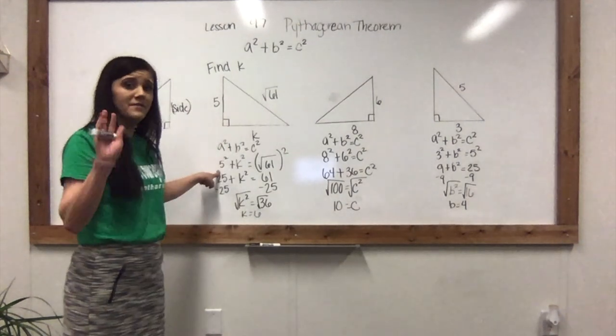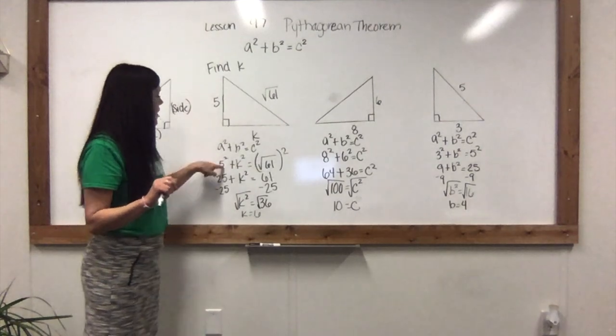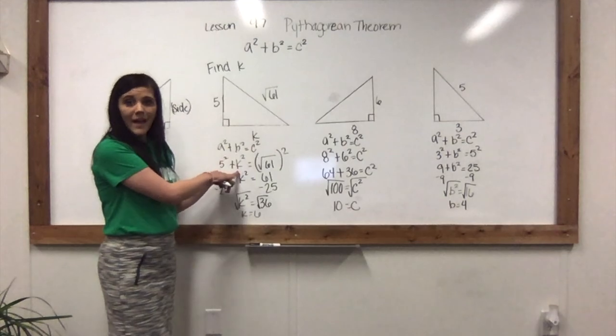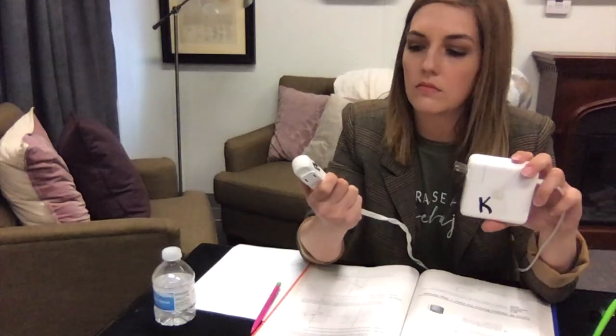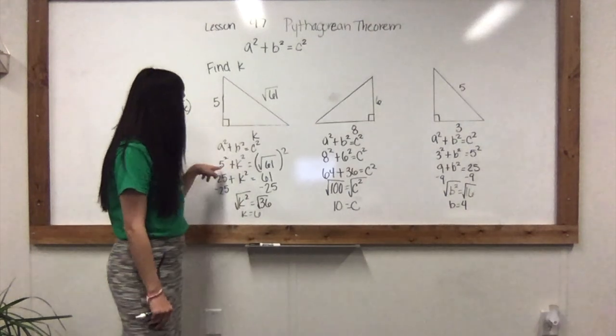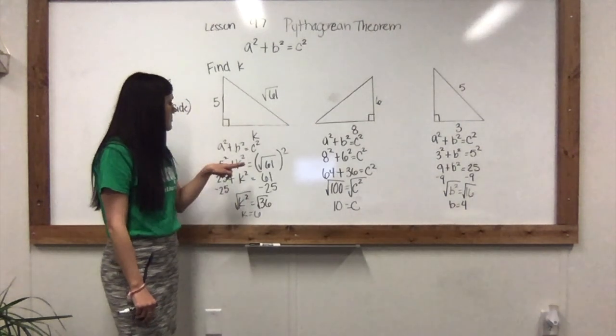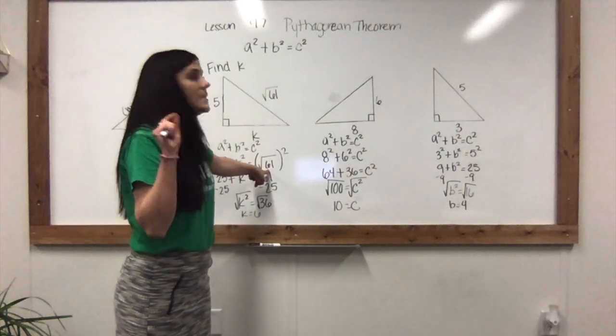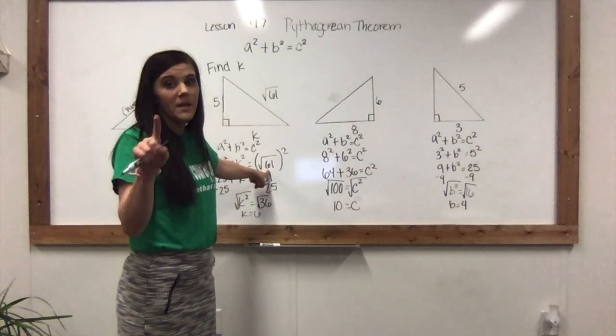So we're still going to use this formula, A squared plus B squared equals C squared. I've plugged in the 5 where A is. I'm going to plug in the K for B. Same thing, just a different variable, okay? So we've got 5 squared plus K squared equals the square root of 61 squared.